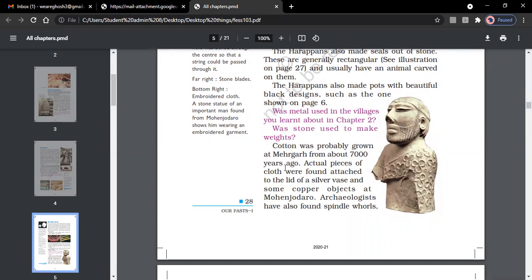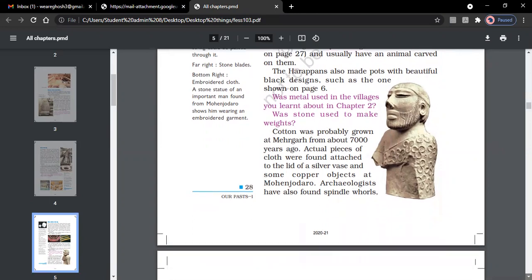You can get a question on whether stone was used to make weights and whether metal was used in the village. This line is very important. Remember the years, that is 7,000 years ago.